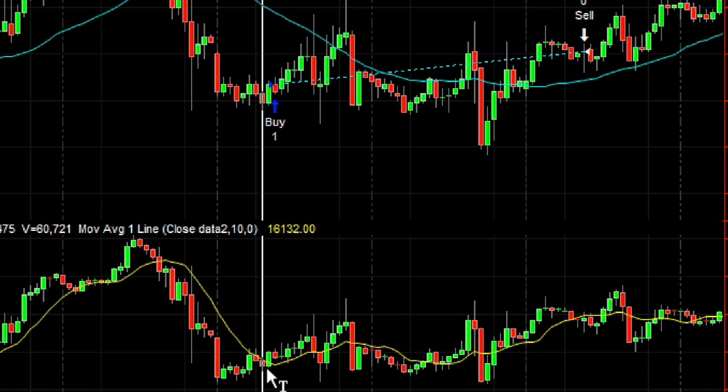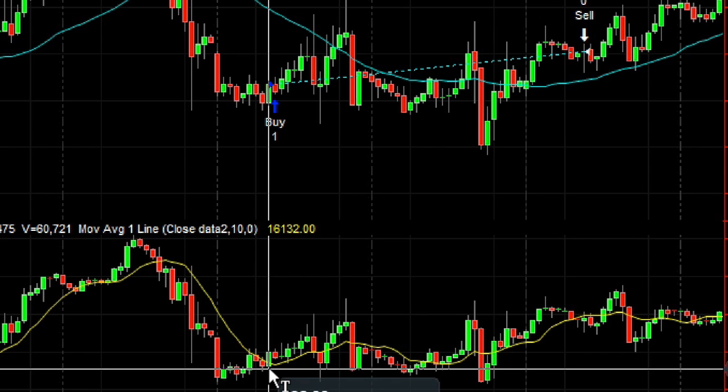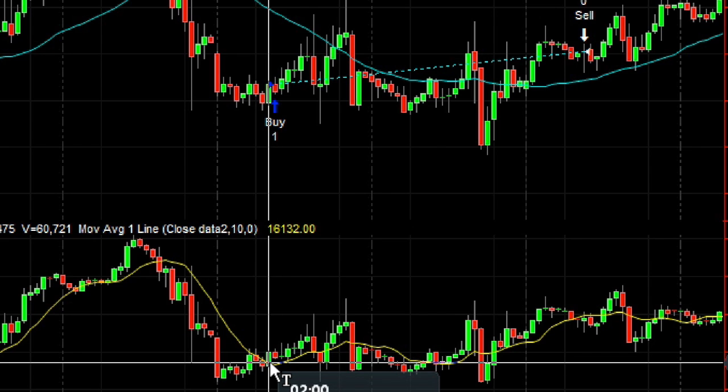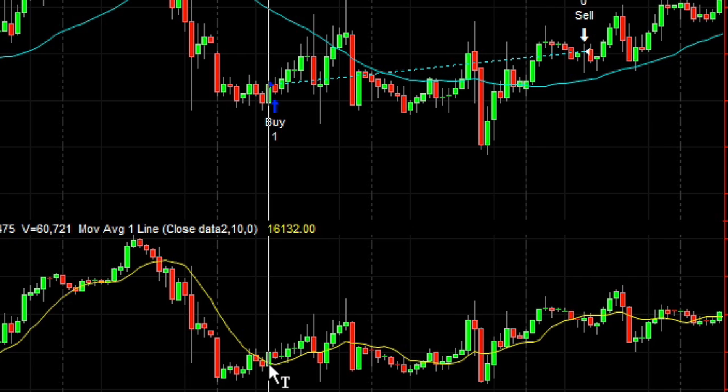So when you go to the mini Dow down here, you can see that this green bar that I'm on right now closed above the moving average. But yet on the ES, it's still well below the moving average. So we got our close above the moving average on YM, but yet we're still below on ES.